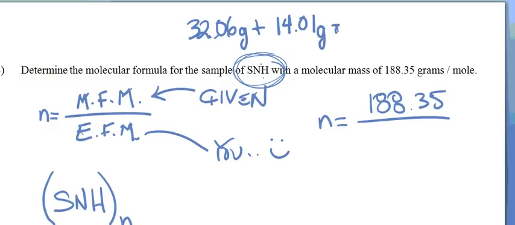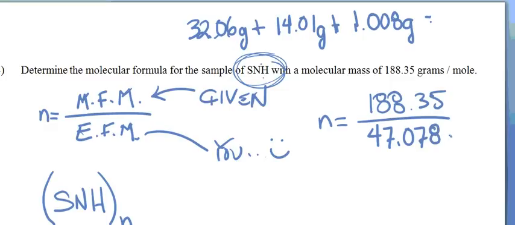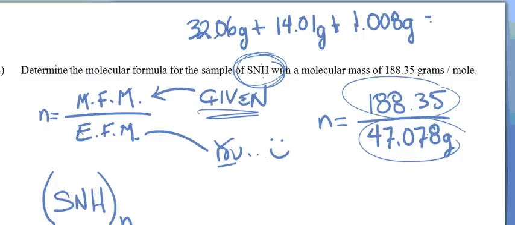And hydrogen, which we've been working with quite a bit, is 1.008. I'm going to let my calculator do this work for me: 32.06 plus 14.01 plus 1.008. My empirical formula mass is 47.078. Again, the molecular mass was given; this one I had to calculate from my empirical formula.